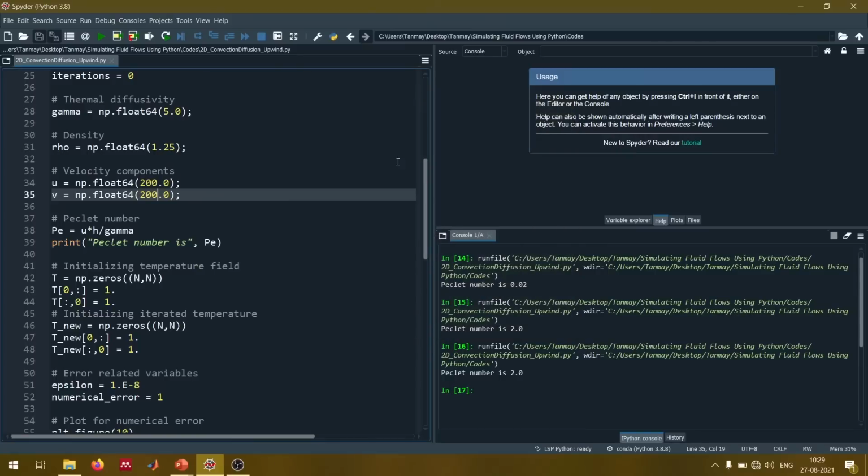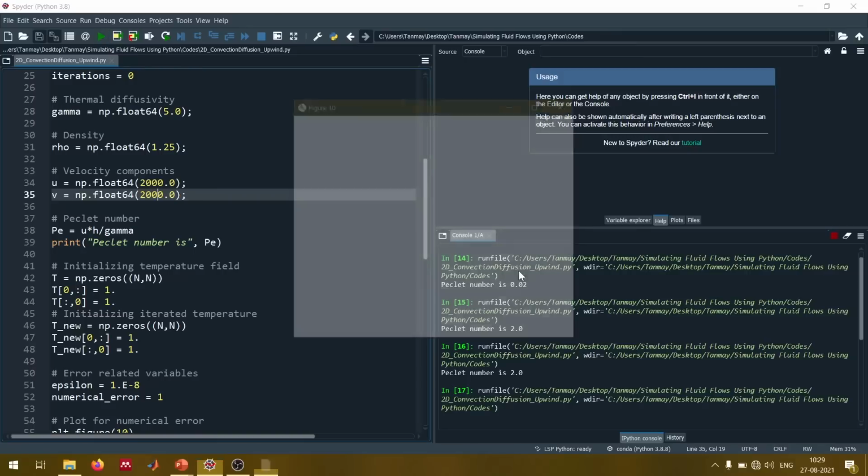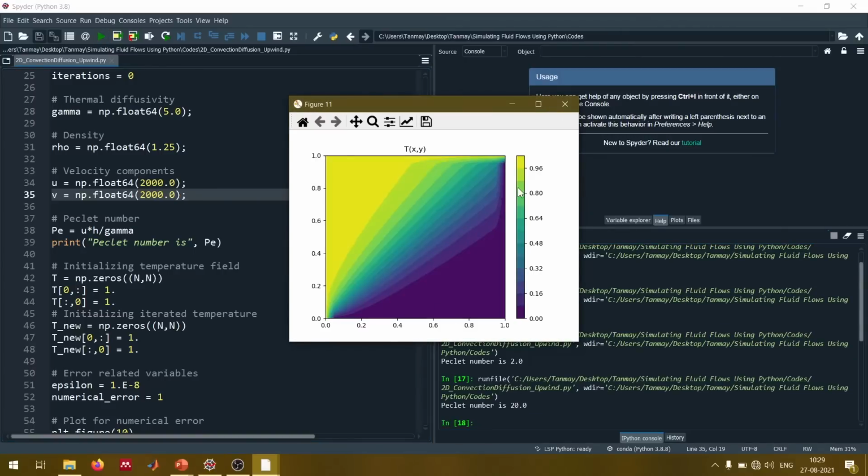And if you increase the Peclet number further, you would see that it's not a problem with the upwind scheme. The Peclet number is 20, and we are still getting some solution. The important thing is that the code is not crashing. The numerical scheme is stable and bounded, but it is first order, and we would very shortly see that it suffers from this problem of false diffusion.